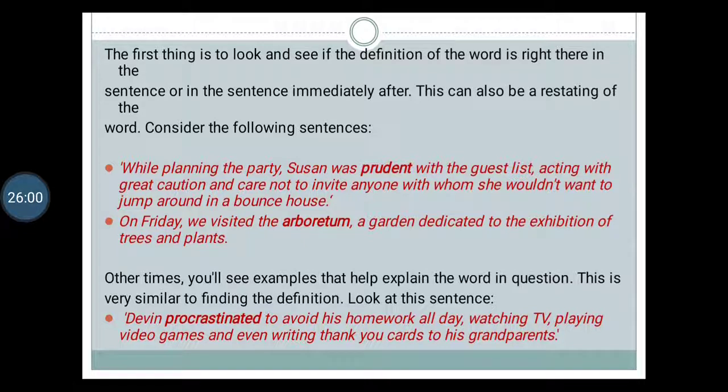Look at this sentence. Devin procrastinated to avoid his homework all day, watching TV, playing video games, and even writing thank you cards to his grandparents. He procrastinated. How did he procrastinate? By watching TV, playing video games, and even writing thank you cards. Now, when somebody does this instead of doing his homework, what does it tell you?